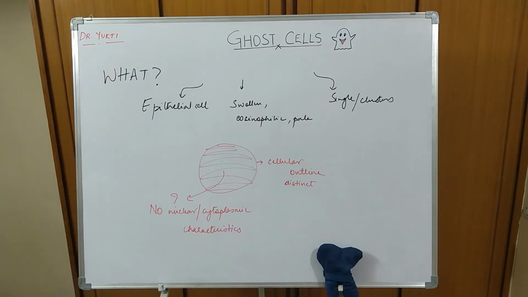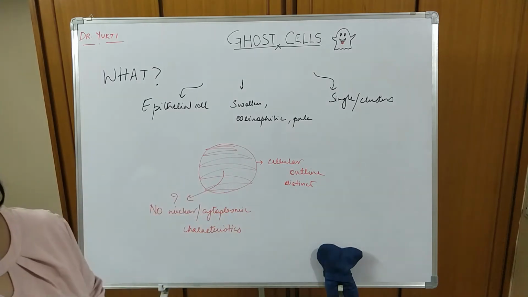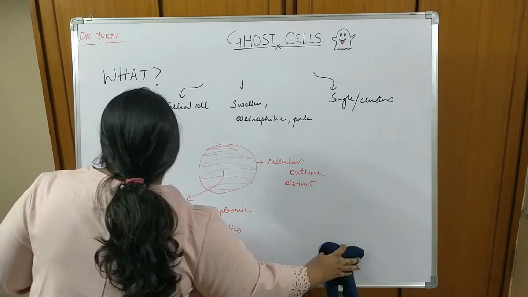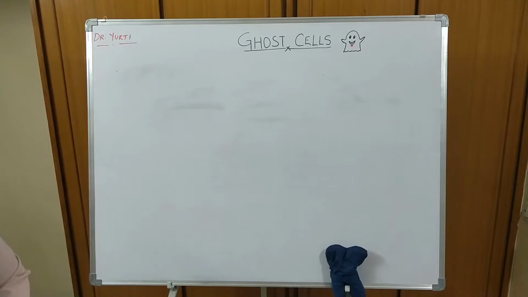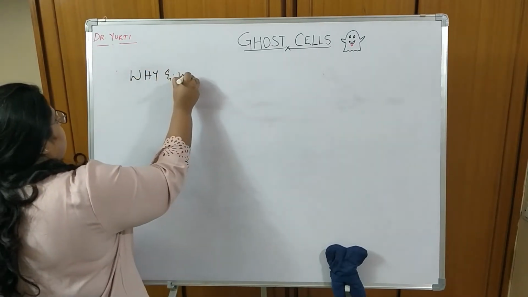Next, coming to why. Why are they present and who are the authors or the scientists that have been involved in the description of these ghost cells? So let us see why and who.